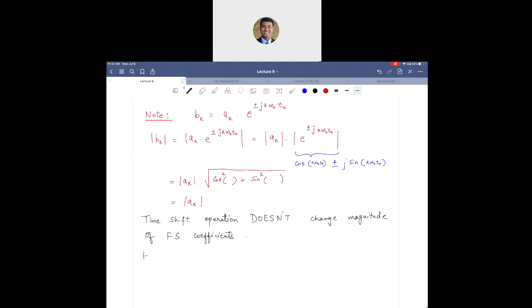Next obvious question. How about phase? It does change. How does it change? The phase of b sub k is going to equal the phase of a sub k plus or minus k omega naught t naught. Oh, sorry, not j, just k.